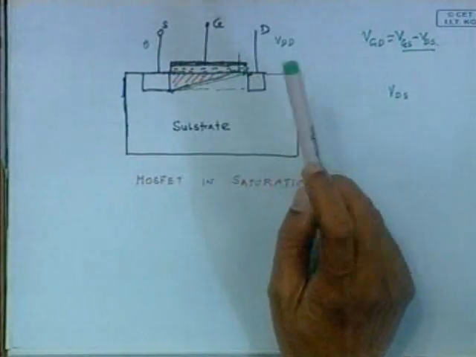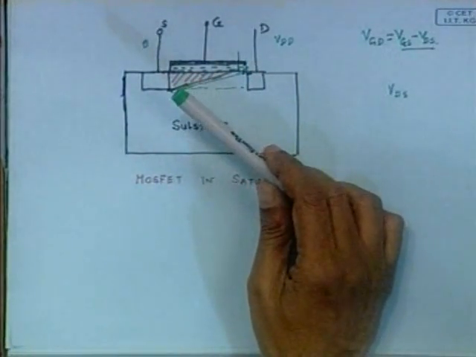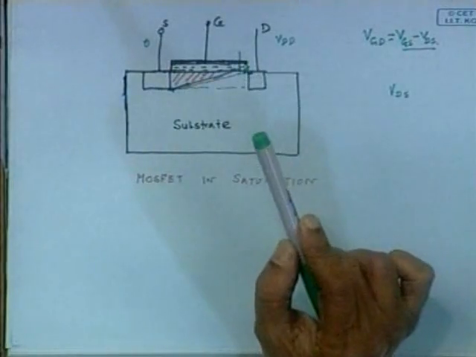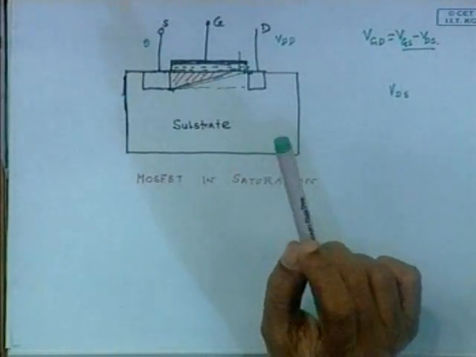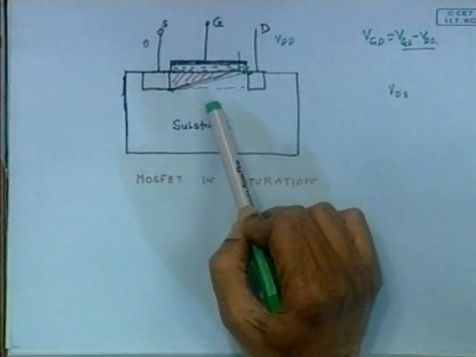So, the current generated from the source to the drain will move with the drift velocity, and then this current will remain constant. So, this is the meaning of this. What we call the channel is now saturated.